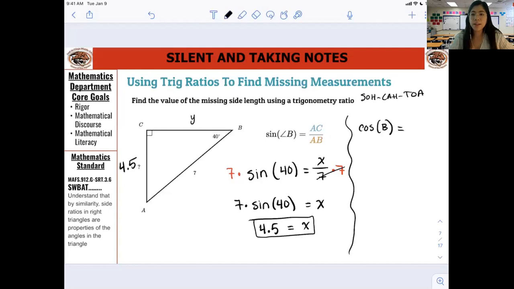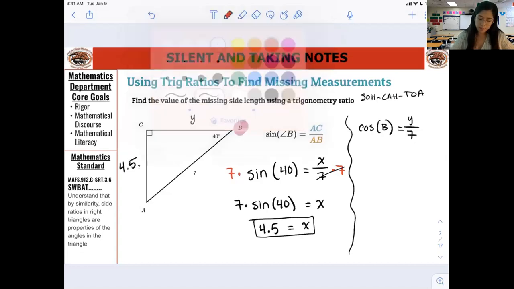Good. The cosine is adjacent over hypotenuse. The adjacent side is y, and the hypotenuse is 7. So it's y over 7. And now I just need, again, to multiply both sides by 7.